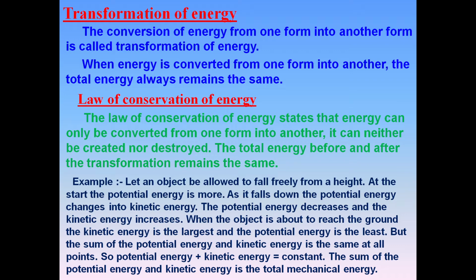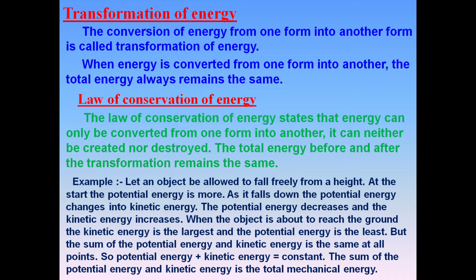And when that object is about to reach the ground, then kinetic energy is the largest because there the velocity will be largest, and the formula of kinetic energy is half mv square. So kinetic energy will be largest, but potential energy will be least because now the object is about to touch the ground.